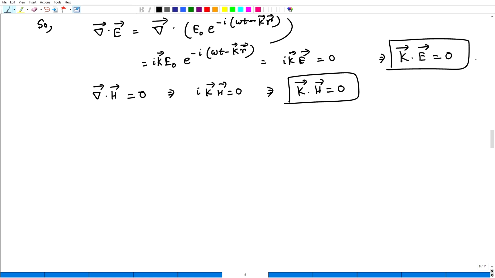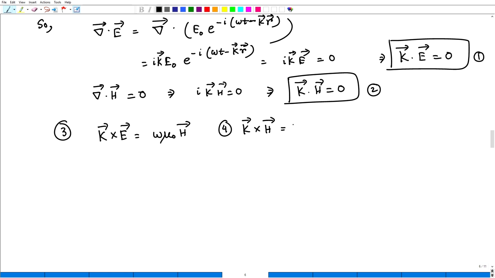This is 1, 2, the third one will be, and the fourth one is. So, these are also Maxwell equations, but in terms of the wave vector. This will be minus omega epsilon naught. So, these are the 4 equations.